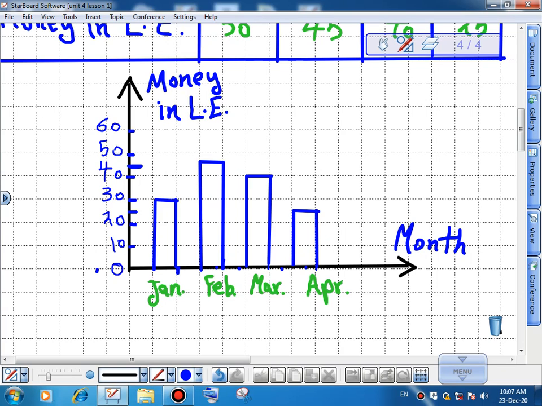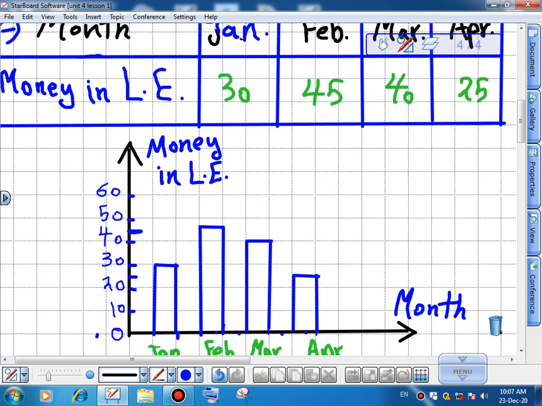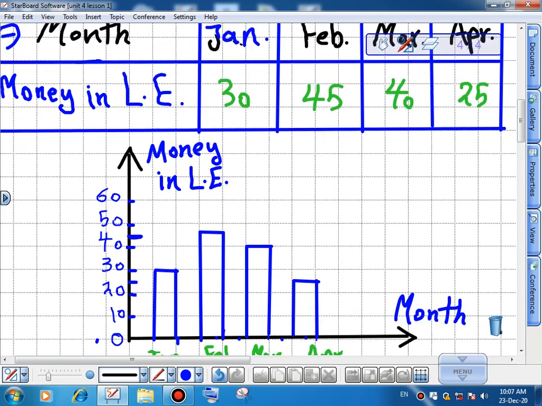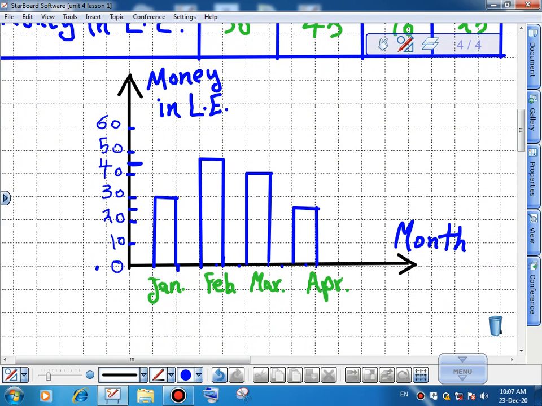That is called a bar graph. We drew this data, the money that Sassine saved during 4 months, in a bar graph like this.